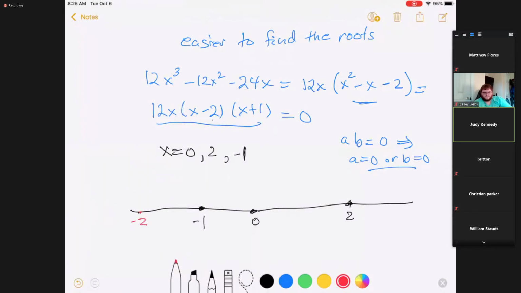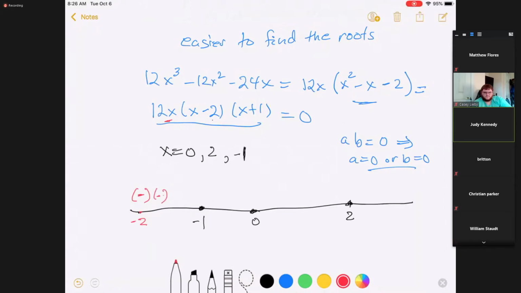At minus 2, well, let's check. At minus 2, 12x would be negative. I'm just going to keep track of negative or positive. At minus 2, minus 2 minus 2 is minus 4. That's negative.